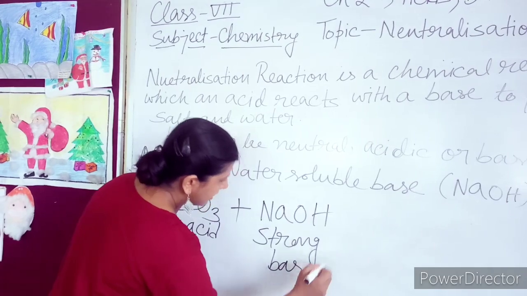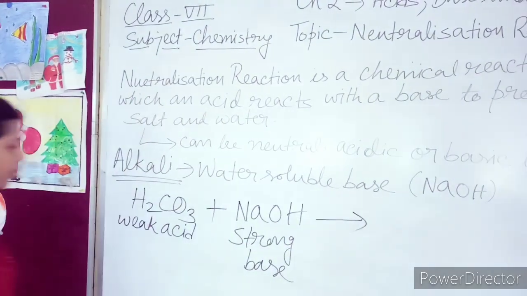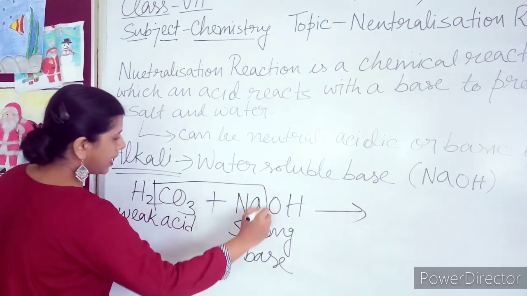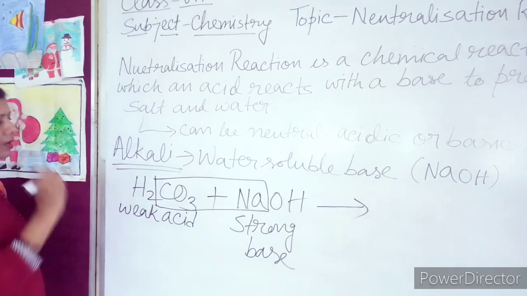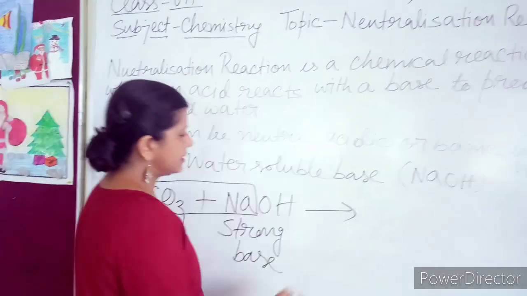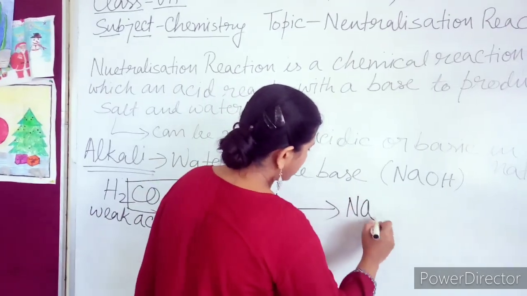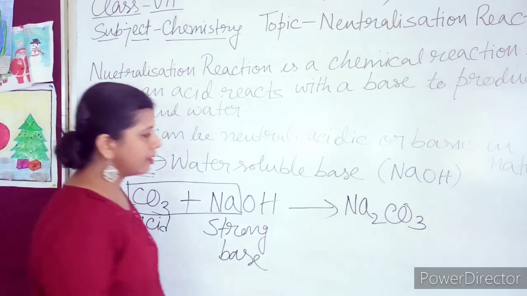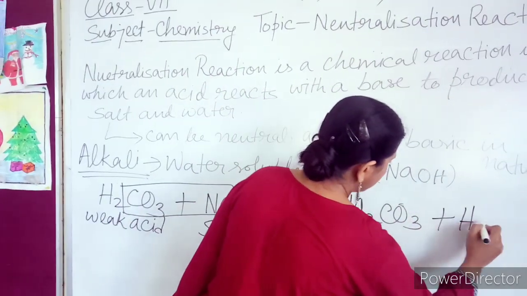When they are reacted, then a salt is produced. What salt will be produced? Sodium and carbonate ion are going to combine to give you the salt. The salt is Na2CO3, sodium carbonate. This is the salt, and water is going to be produced.